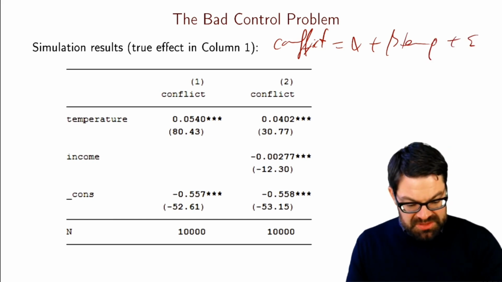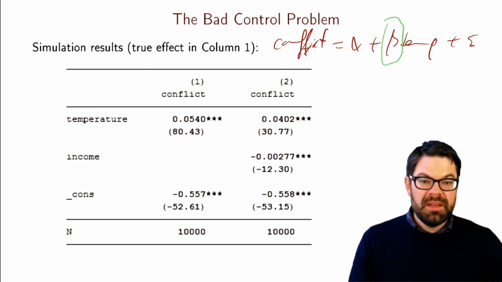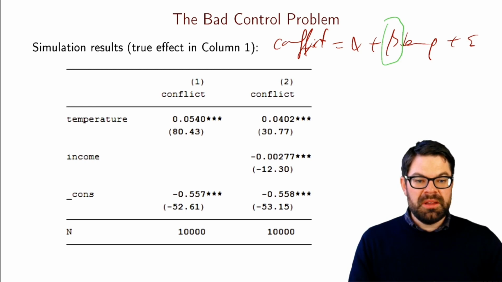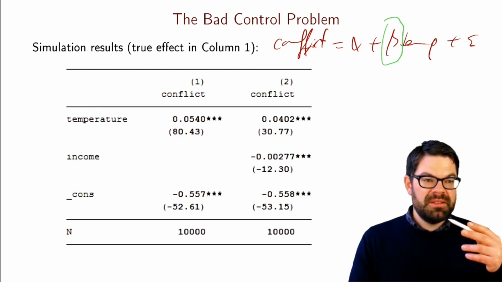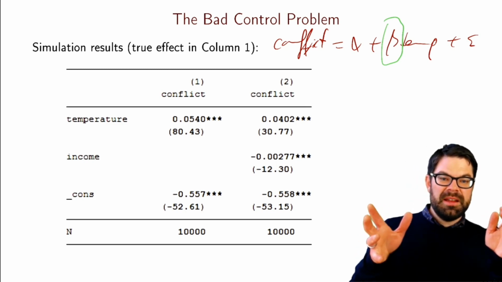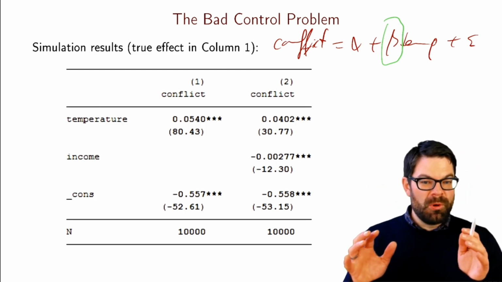So we are interested in this coefficient beta here. Okay, so what we do here is we simply assume that the true beta is 0.054.